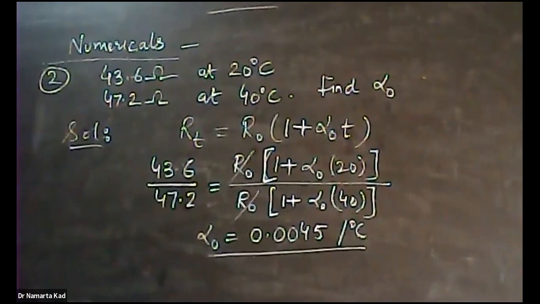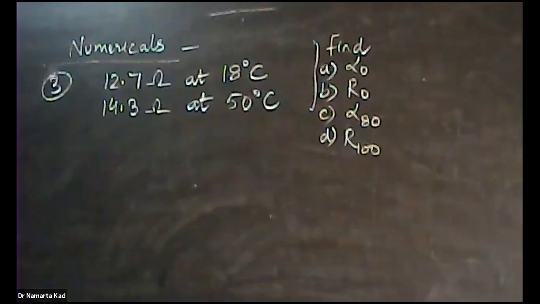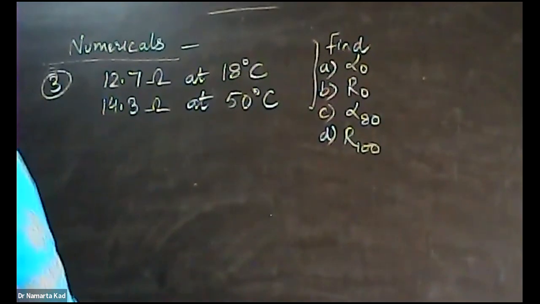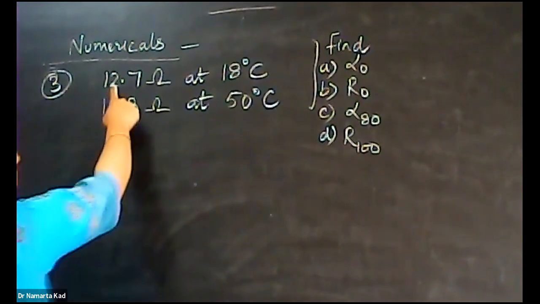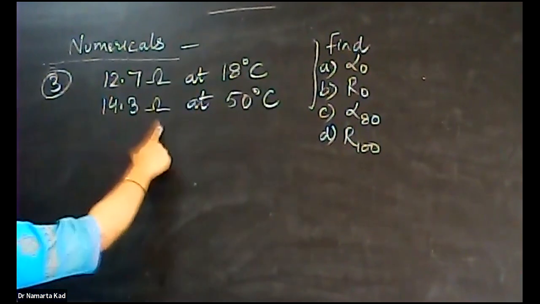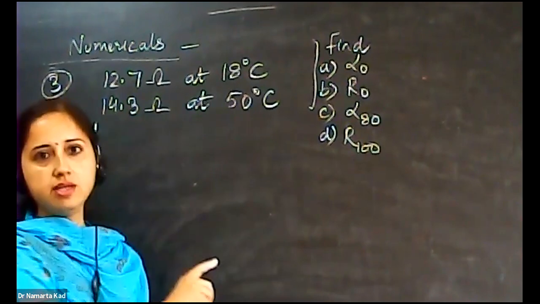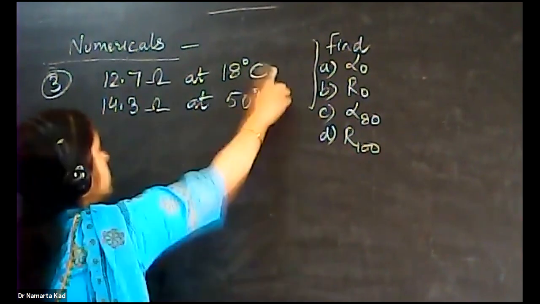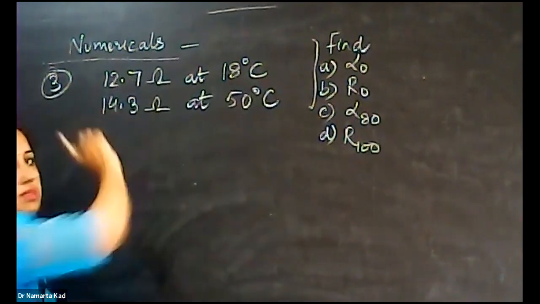Let's do one more numerical. The third numerical is, the given conditions are, it is 12.7 ohms at 18 degrees C and 14.3 ohms at 50 degrees C. Okay, there are two different temperatures given, and upon these temperatures resistances are given.